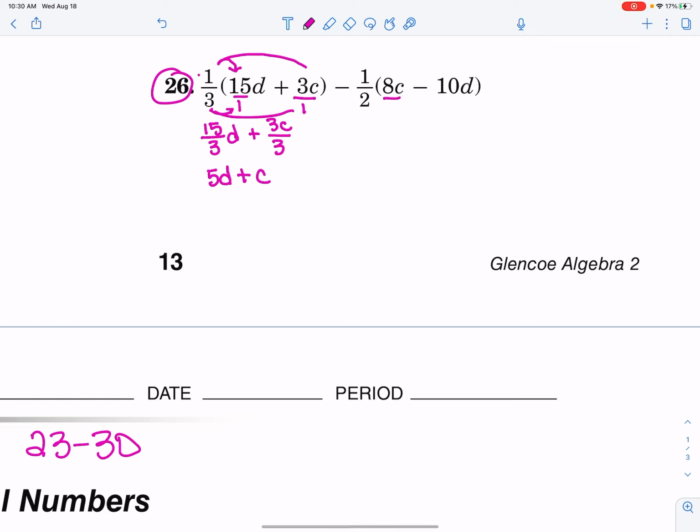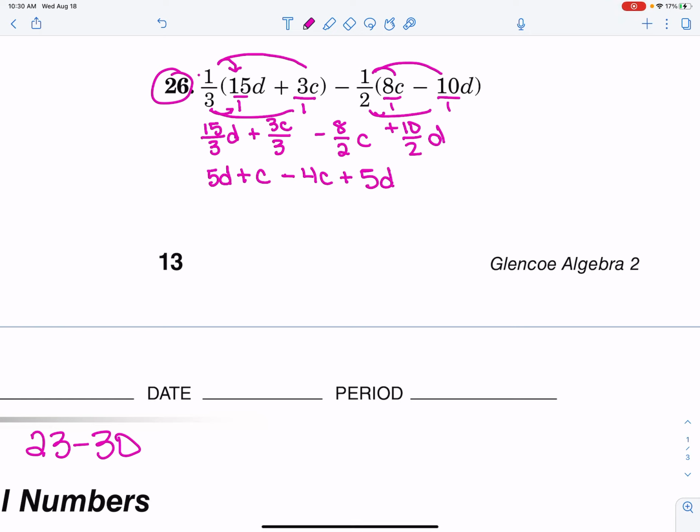Then here again, I'm going to go ahead and make these fractions. -1 times 8 over 2 times 1, c, gives us -4c. And then -1 times -10 gives us positive 10 over 2, which gives us positive 5d.